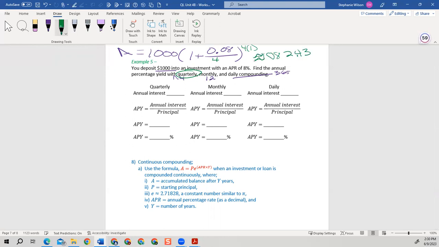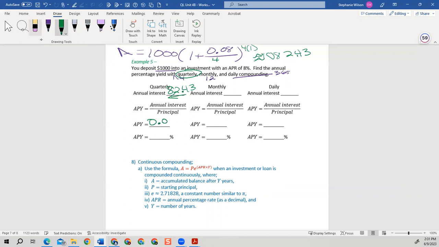If we get 1,082.43, subtract the 1,000 from it, we get 82.43, right? And then I'm going to take this and put it in decimal form. I'm going to move the decimal to the left.